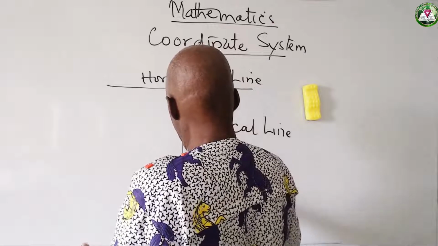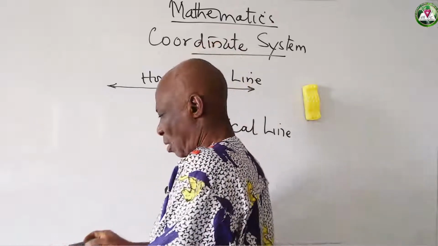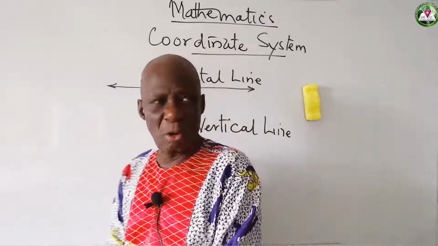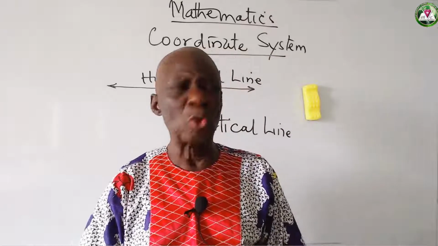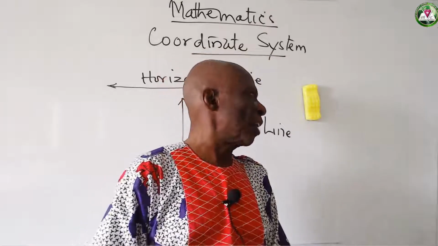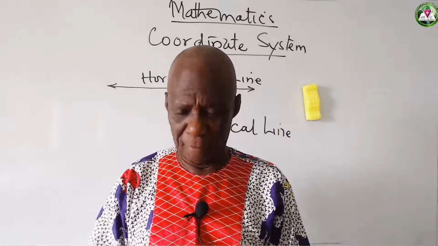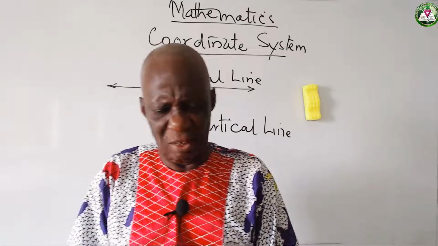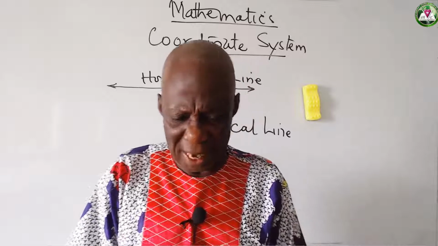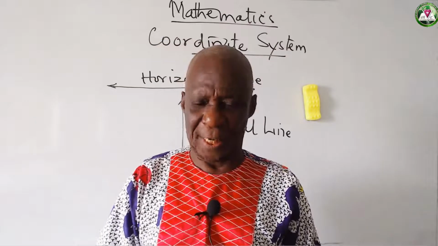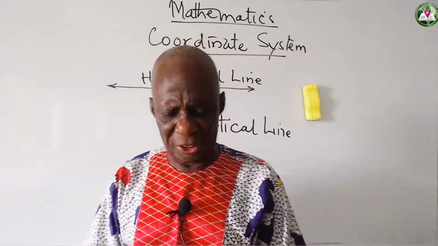The vertical line goes up and down, whereas the horizontal goes left to right. So we need to know these two lines. They must be straight, not curves. So whenever you hear us say that, we are talking about the straight horizontal line and the straight vertical line.